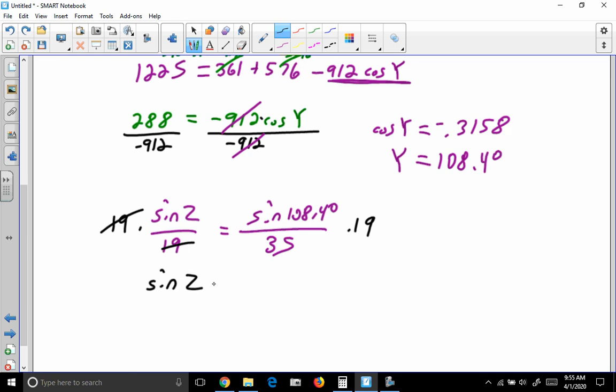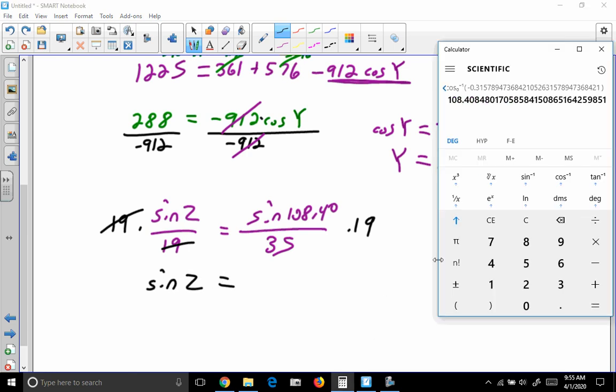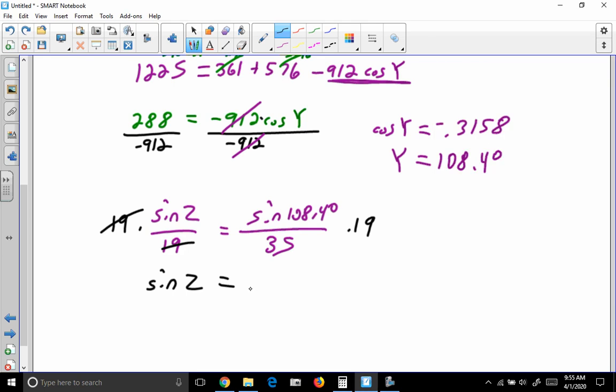So sine of Z is whatever we get here. Oops, let's clear that. So sine of 108.4 divided by 35 times 19. So that's what we get there.